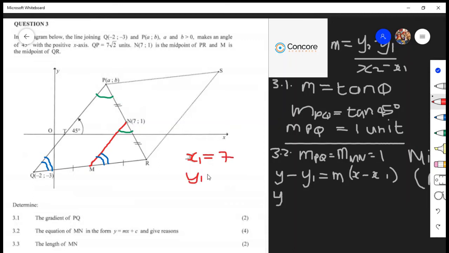So when we substitute, it's going to be y minus 1 is equal to our gradient, which is 1, open a bracket, x minus our x1 value, 7, and close that bracket.